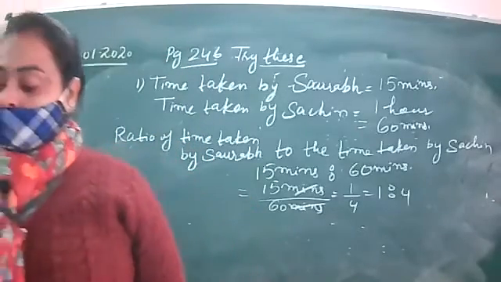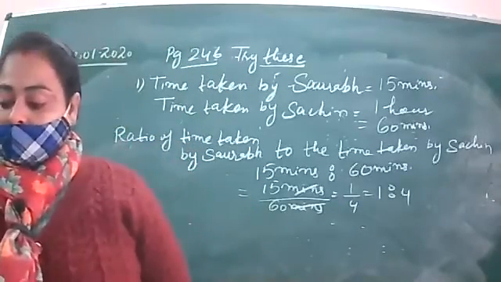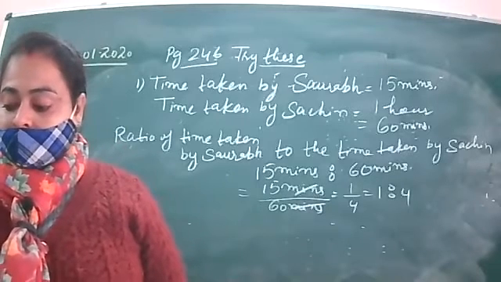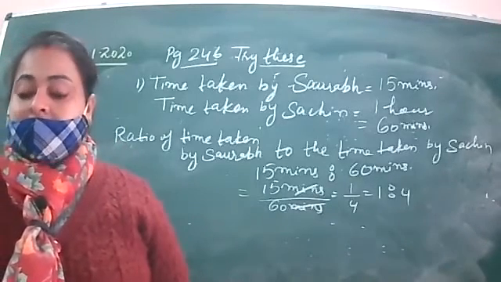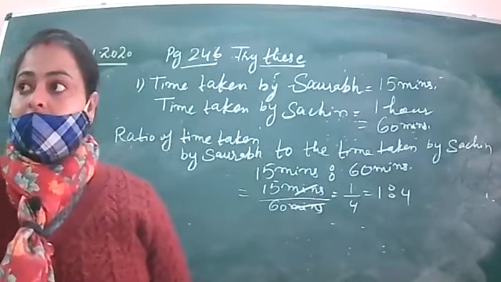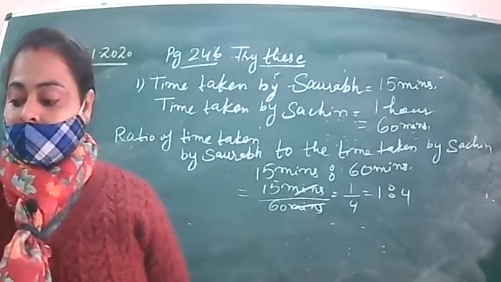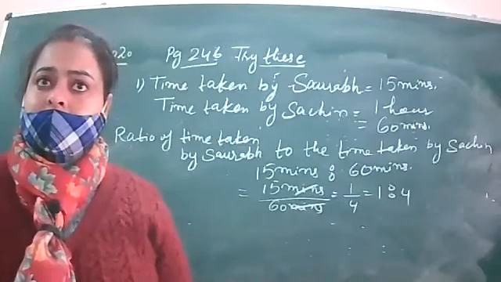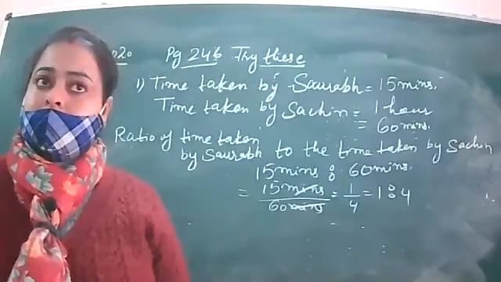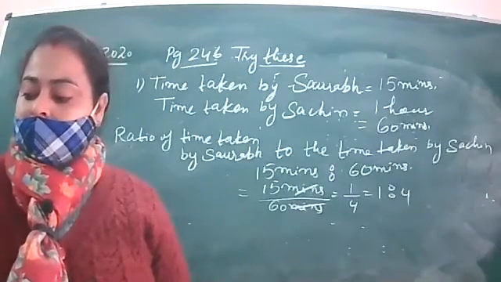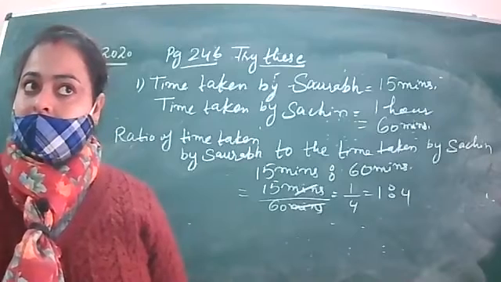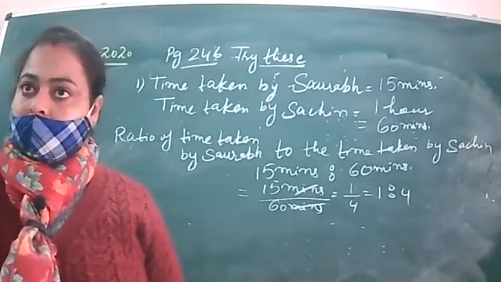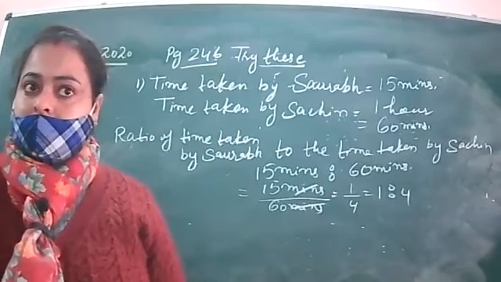Cost of a toffee is 50 paise, and cost of chocolate is rupees 10. Find the ratio of the cost of a toffee to the cost of chocolate. According to you, how can we solve this sum? First of all, we will write cost of toffee equals 50 paise and cost of chocolate equals rupees 10.